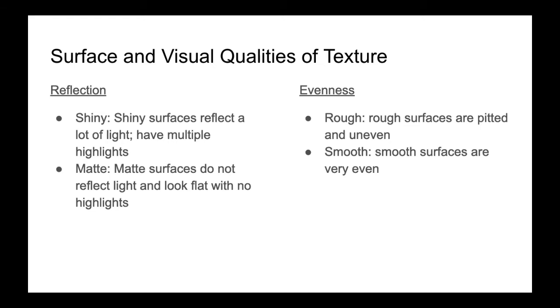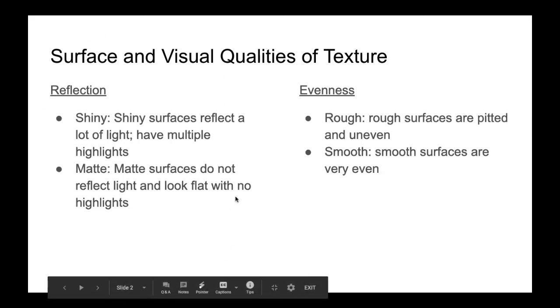And so the other thing to keep in mind is that some surfaces may be kind of in between, so they might be somewhat shiny or somewhat matte, but you might have a little trouble figuring out which one they are.